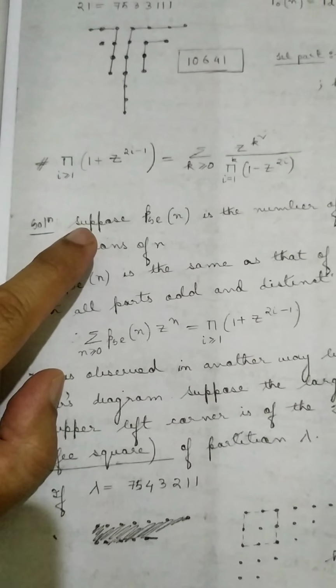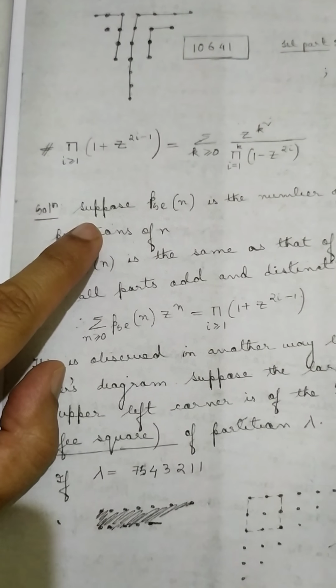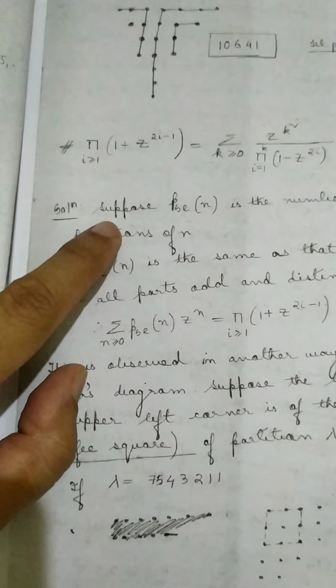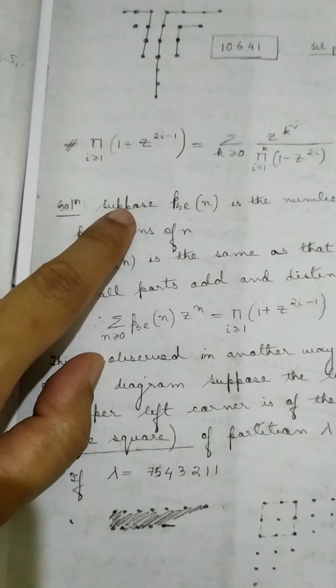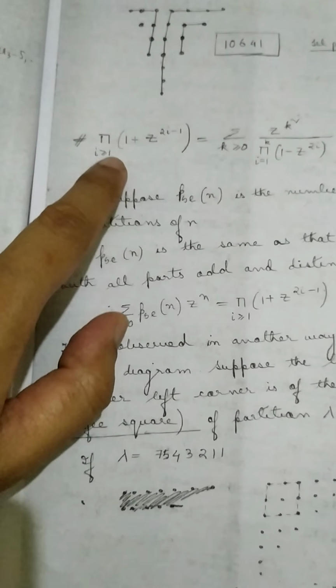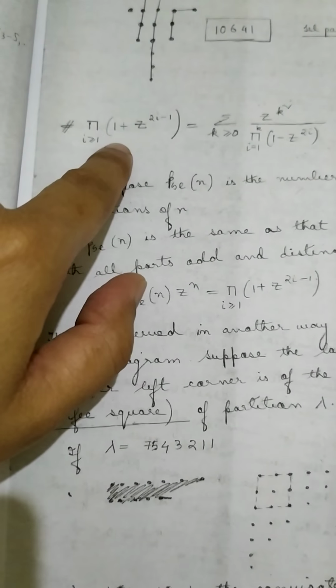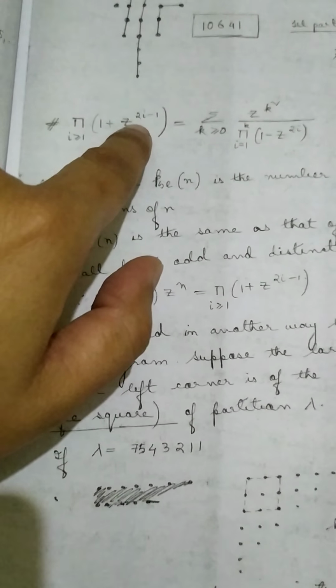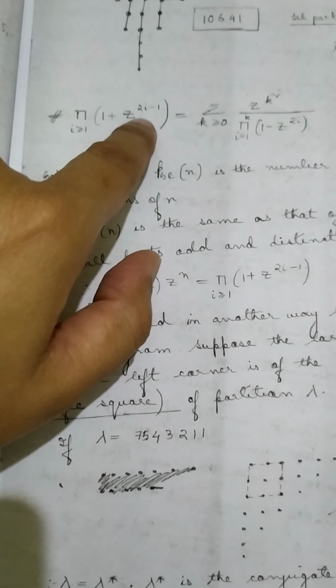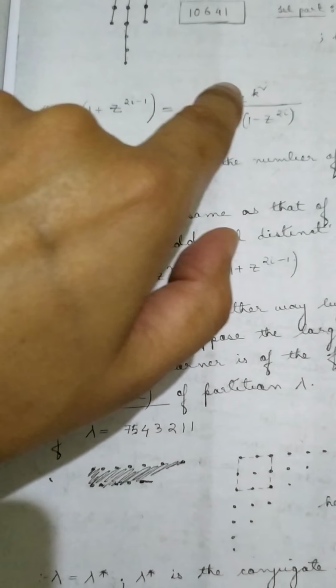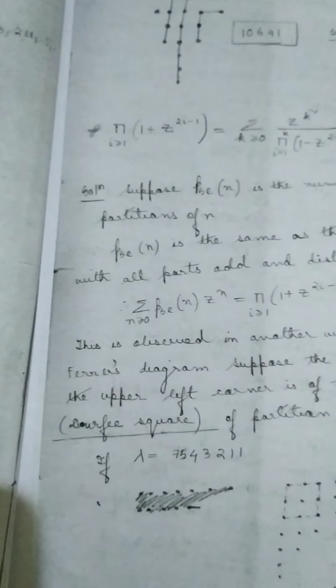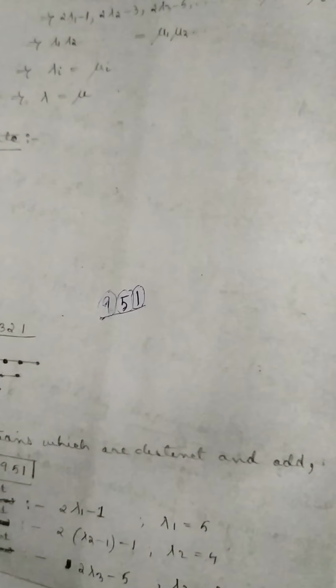To establish this result, we will use the concept of self-conjugate partition. Because this expression, if you remember, the first time will be 1 plus z, next time 1 plus z cubed, next time 1 plus z to the power 5, something like that. You just see the second result from the last class.